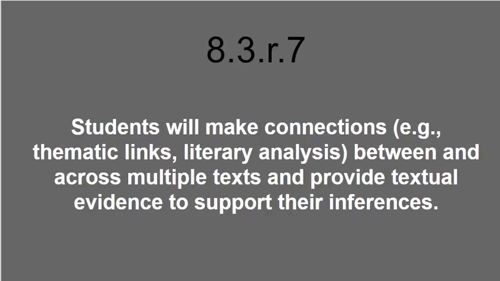Then you would use evidence that you have gained from those two passages. You might say, in line number 20, I read blank, blank, blank. So that is how you would use evidence. So the language here is about you making connections with different texts, and you're using evidence to support your opinion.